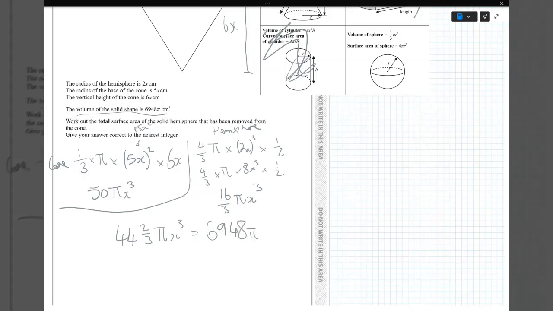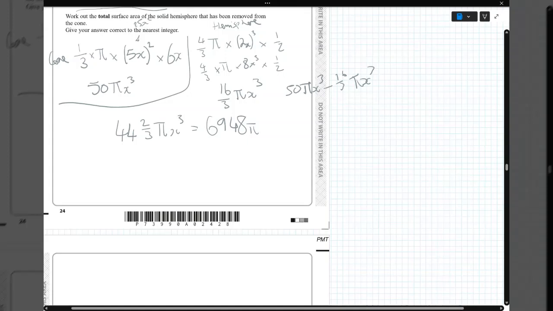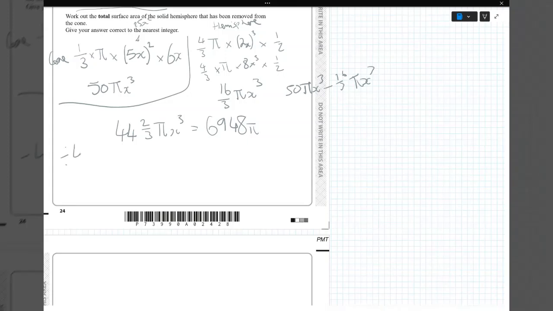I should really write somewhere that I've done 50 pi x cubed take away 16/3 pi x cubed. I am an examiner, I should know better, must show those stages of working. Now I can divide both sides by pi, and divide both sides by 44 2/3. That will give me what x cubed is worth.